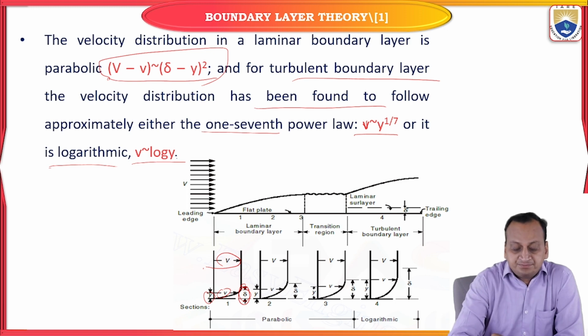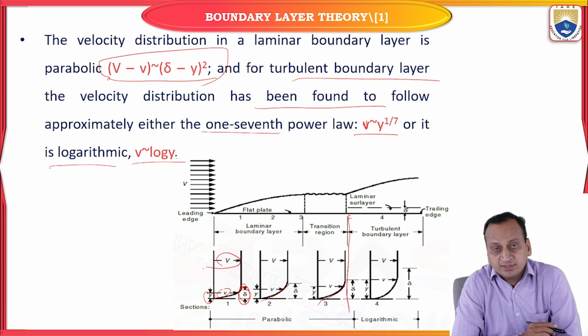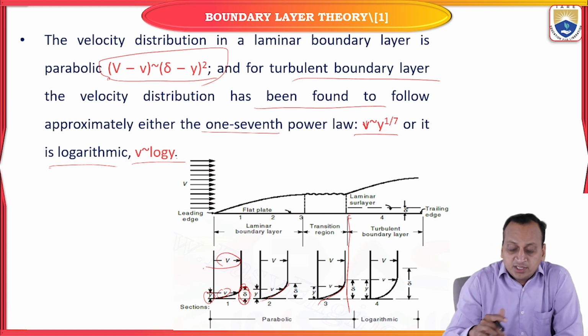So these are the velocity distributions. According to the parabolic relationship in the laminar zone, and up to transition, it follows a parabolic relationship with respect to the velocity, but in a turbulent zone it will be logarithmic.